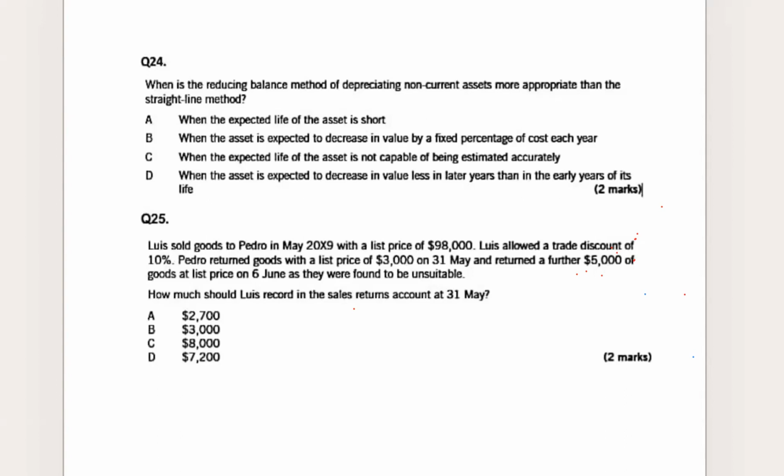That is the assumption under the reducing balance method. So the method is more suitable when it is assumed that the asset will be used more in the earlier years than in the later years. That's why I submit D. Did you get that?